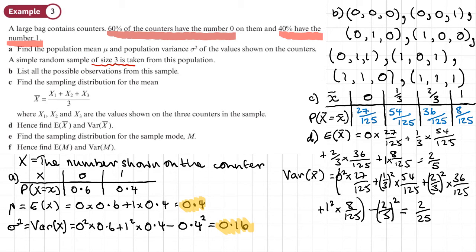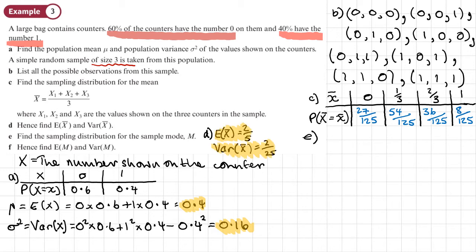So I'm just going to put the answer over here, so I've got a bit more space. So the expected value for the sample mean is 2/5. The variance of this sample of 3 mean is 2/25.